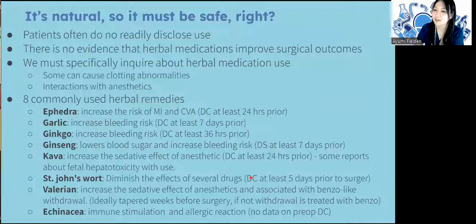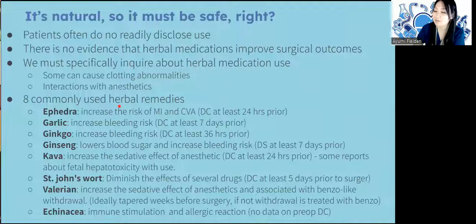And so you need to ask, do you take any supplements for anything, maybe joint pain, or vitamins too. There's no evidence that herbal medications improve surgical outcomes. So we must specifically inquire about herbal medication use. And some can cause clotting abnormalities and have an interaction with anesthetics.